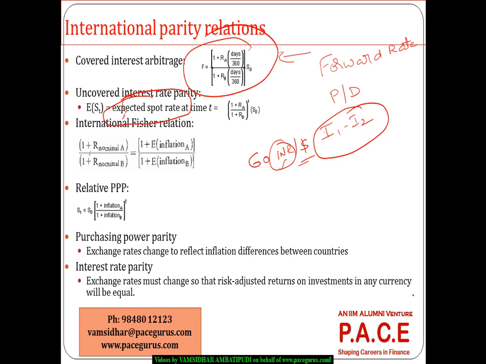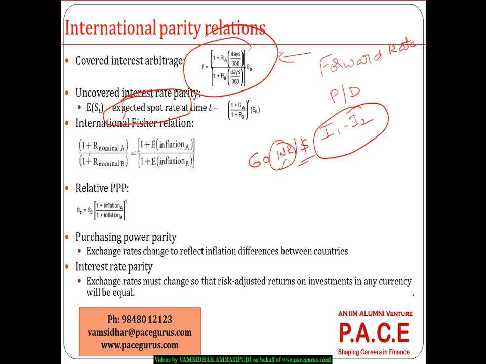Suppose there was no forward market at all, we are talking of the expected spot rate. We cannot use a forward market because it is not existing, or it is not that liquid in that particular country. Then using the forward rate is not appropriate in the situation. So I cannot go with a forward rate, but I can talk about an expected spot rate.